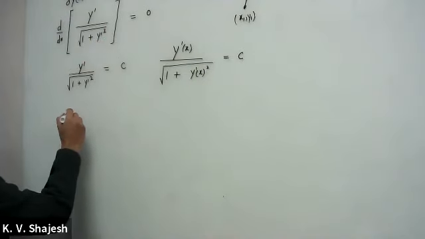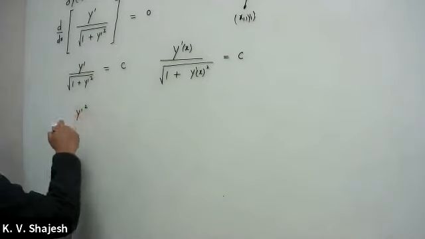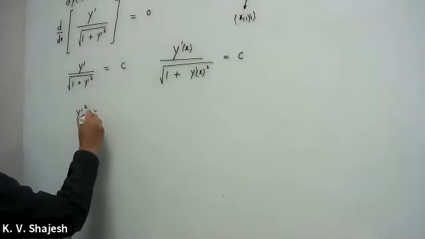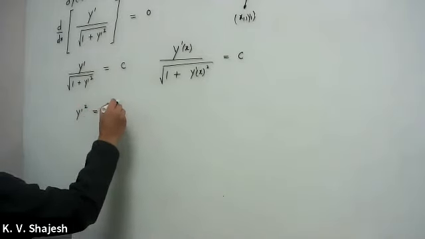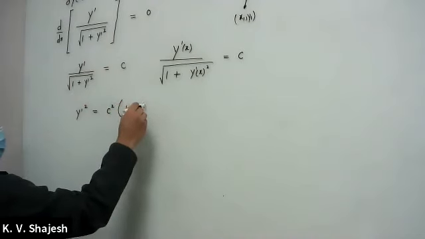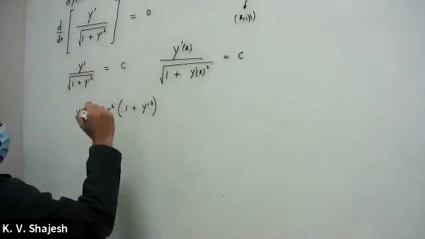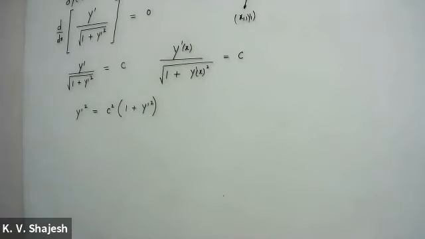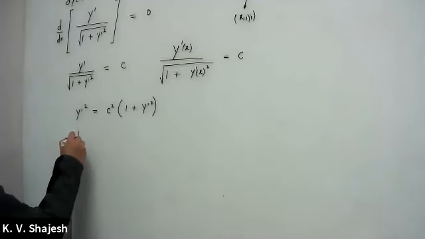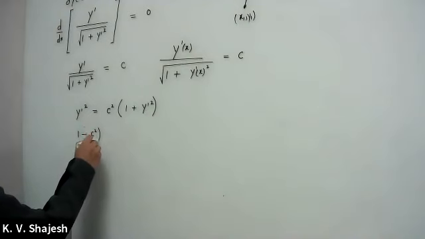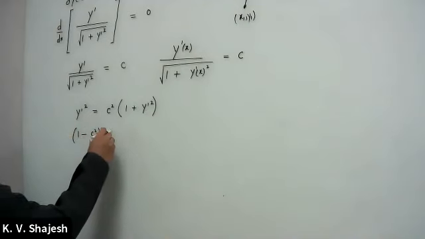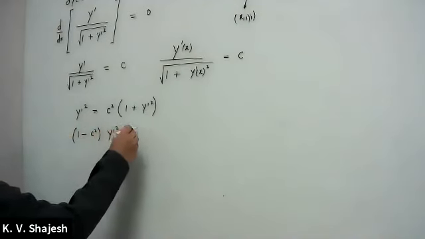So this is saying that y prime square, when I square this, is c square times 1 plus y prime square. Remember again, y prime is derivative. Bring it to the left hand side. So that's 1 minus c square, c is a constant, times y prime square is equal to c square.